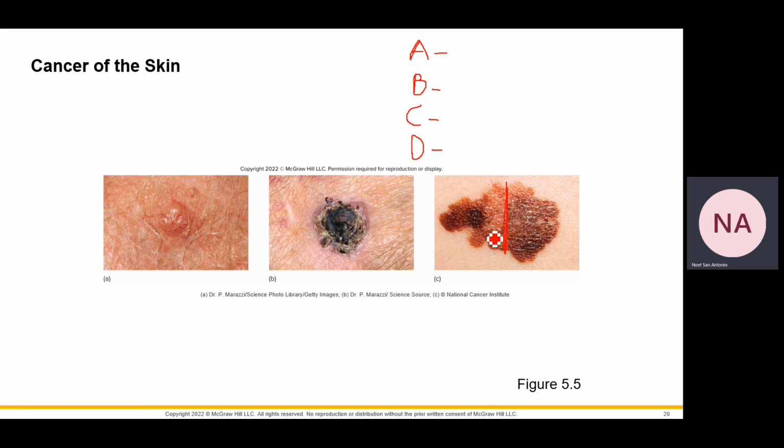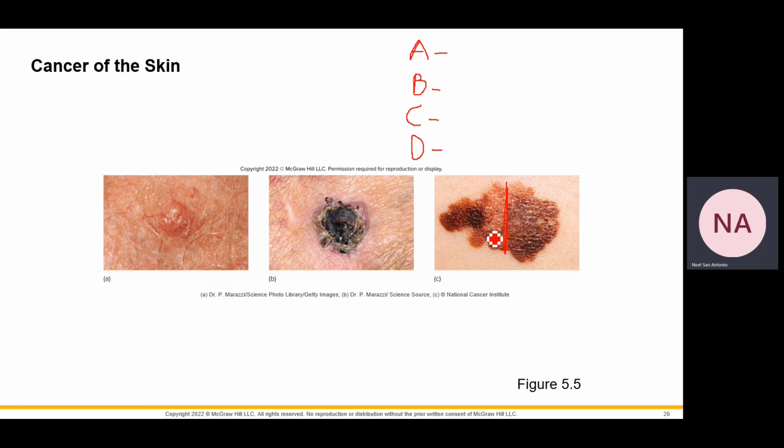Unlike a mole, most of the time a mole is round, it tends to be symmetric rather. And then B for border, as in irregular border. Just like what you're seeing there in the picture.